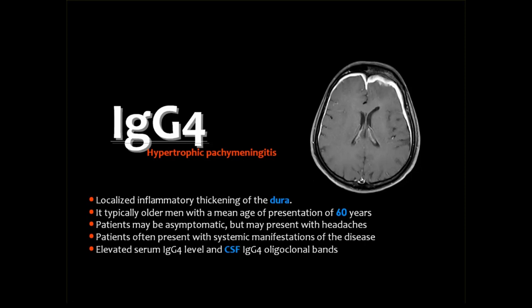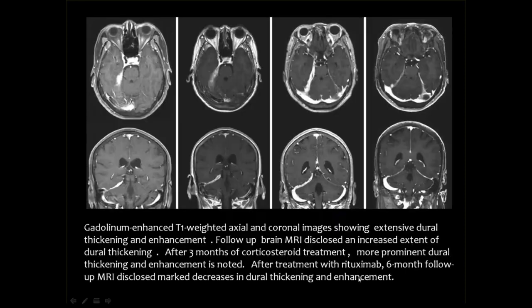The disease is also seen in elderly patients, and most of the patients are asymptomatic but they may present with headache. If you check the serum level of the IgG4 or analyze the CSF for IgG4, they are positive.